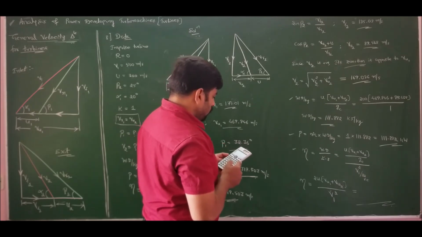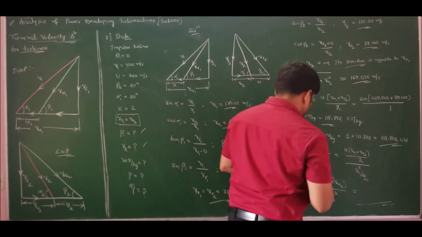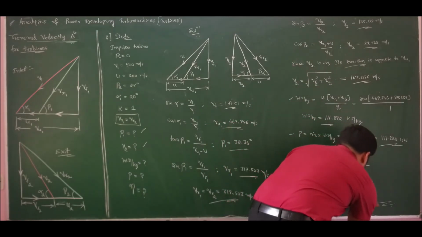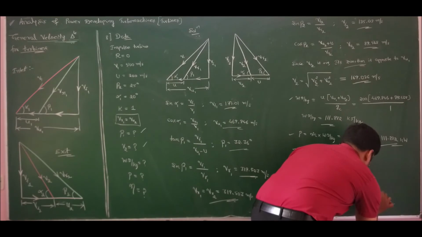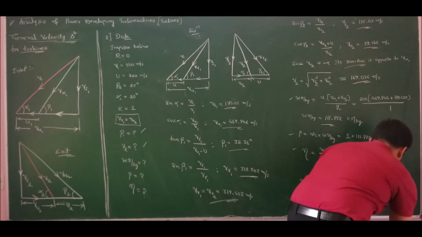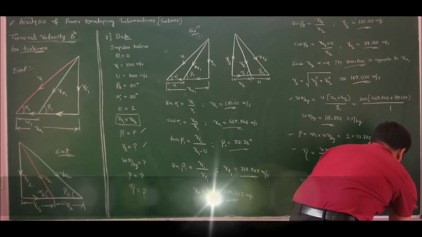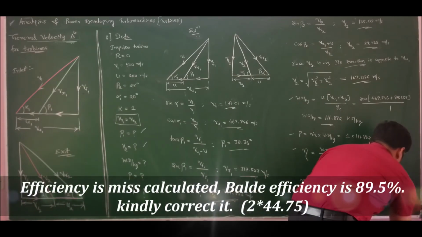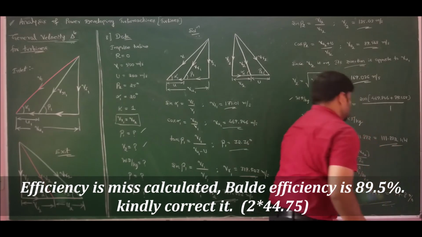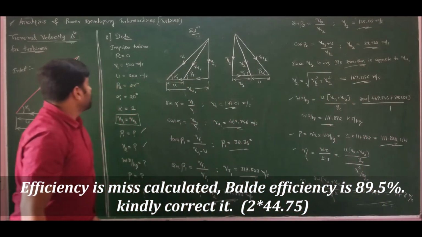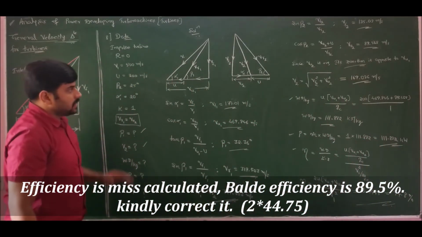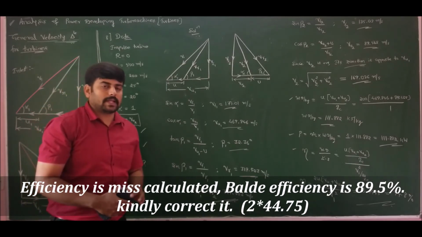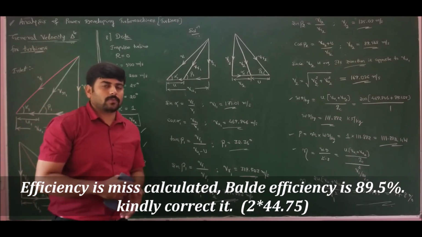It is 0.4475, which is nothing but 44.8%. So this is the solution for problem number 8. Let me pause this video for a while so that everyone can copy it down. Later we'll solve problem number 9.